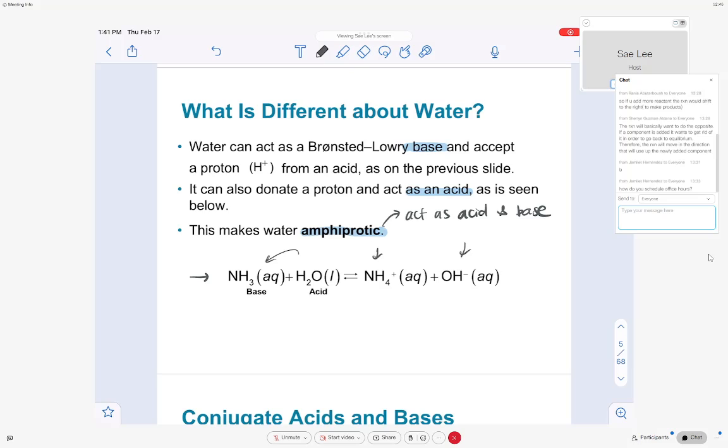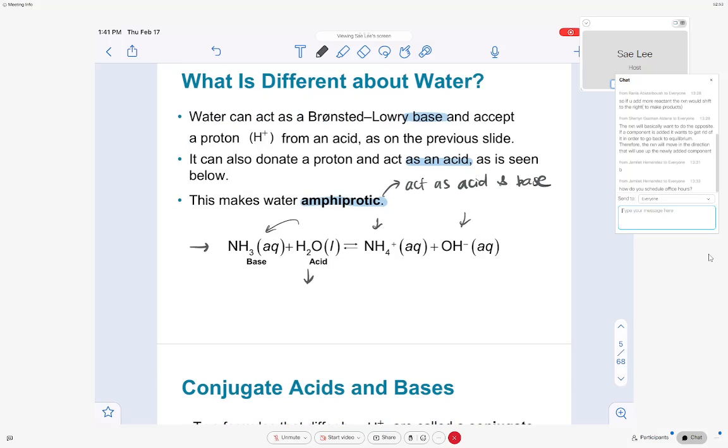Okay, so now because water is giving up its proton, water is a proton donor. In this case, water is considered a Bronsted-Lowry acid.